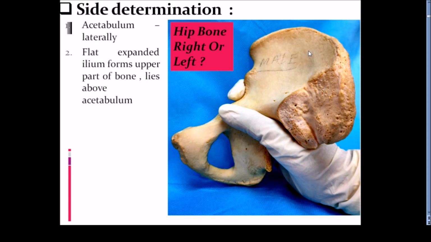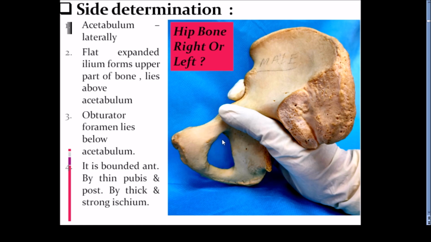The thin pubis goes anteromedially and the thick ischium goes postero-inferiorly. The obturator foramen lies below the acetabulum, and is bounded anteriorly by the thin pubic bone and posteriorly by the thick ischium bone. So by these 4 points we can determine the side of a hip bone.